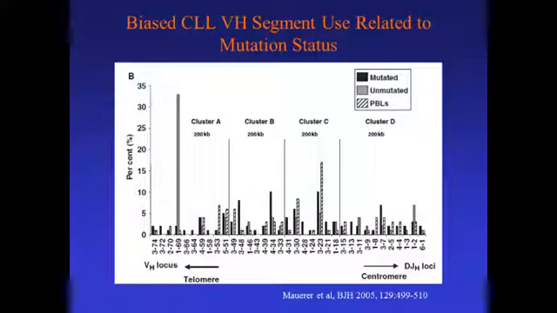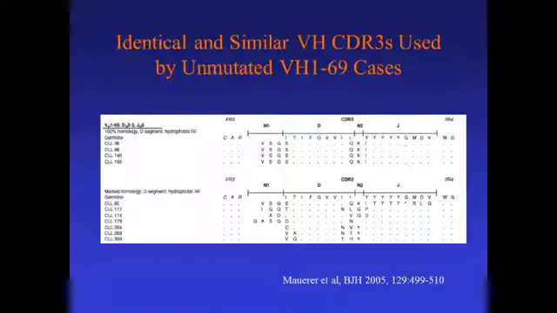So the unmutated CLL expressed a lot of this V1-69 gene, and I apologize, this pointer's not working out. The V1-69 is the thing down to the left, and that's not expressed much by either the mutated CLL or normal peripheral blood B lymphocytes, whereas the mutated type of CLL expresses a lot of this V4-34. So this is just a slide showing you the biased use of variable gene segments.